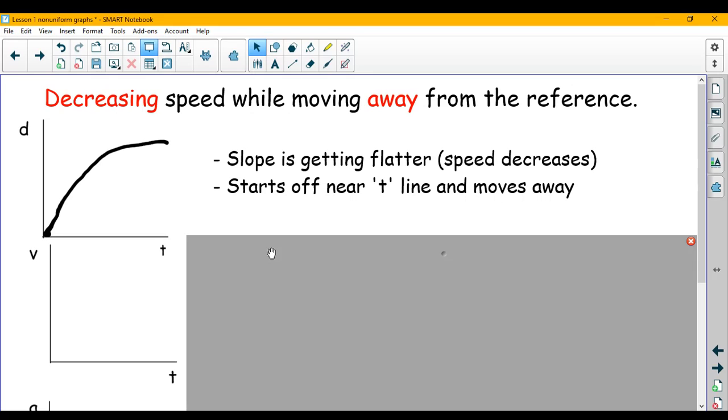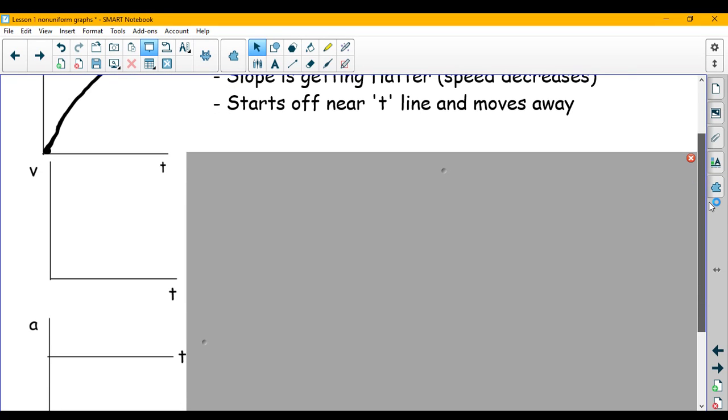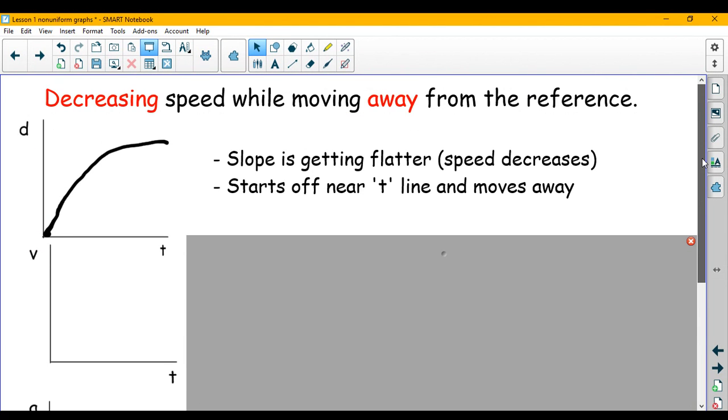So the slope should get flatter, and it should start off near the T-line, down at the bottom, and move away. Now, when we get to our velocity time graph, just like the last one, I'm still going to have a straight diagonal line because I'm still talking about a constant acceleration. But in this case, I am thinking about a constant acceleration that is getting slower, right?